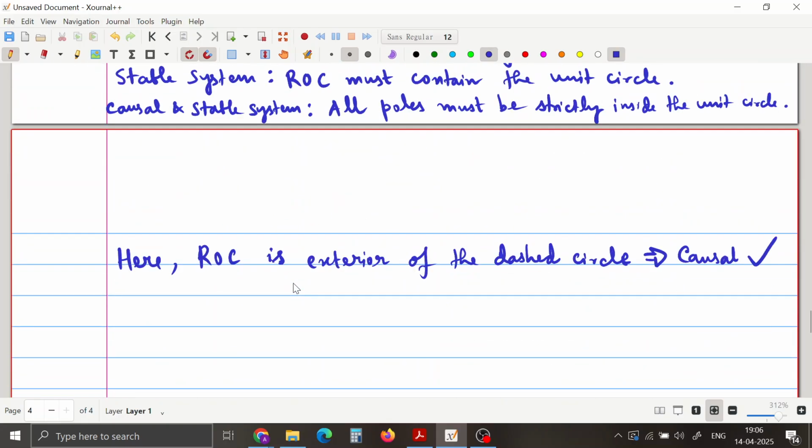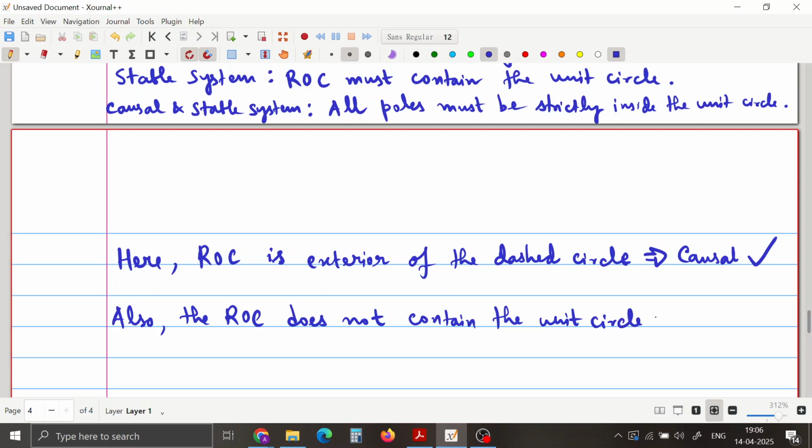So the ROC does not contain the unit circle, which means that it is not stable, so unstable. So it is a causal and unstable system.